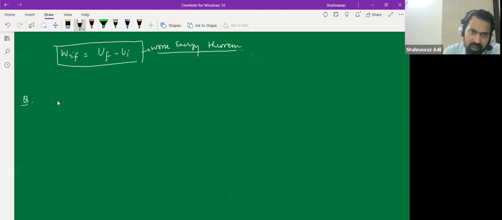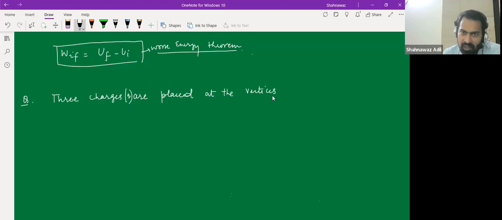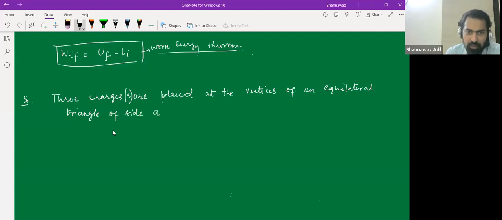So we have three charges of magnitude q placed at the vertices of an equilateral triangle of side A. Okay.